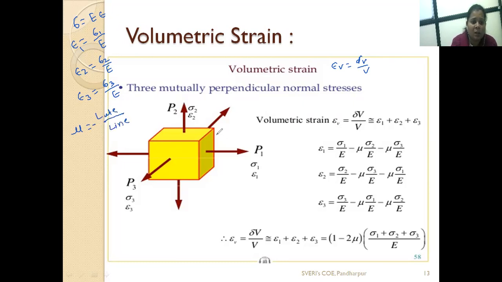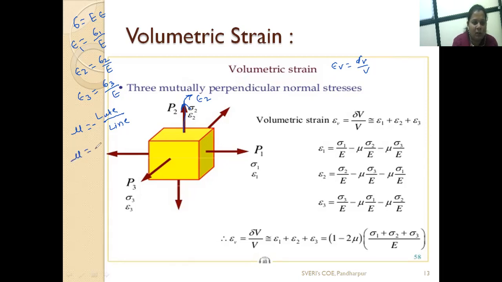Now we are going to apply load on plane 2. This strain will be considered as an axial or linear strain, and due to this, the diameter of plane 1 will change, and we will consider this as the lateral strain.